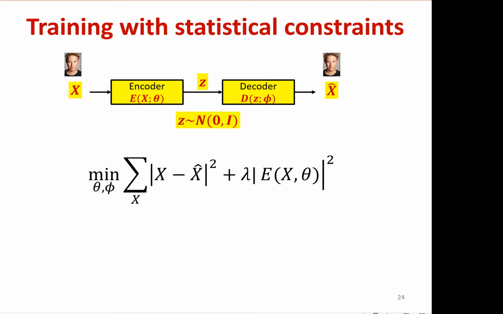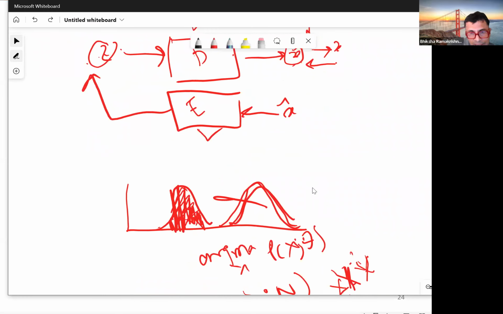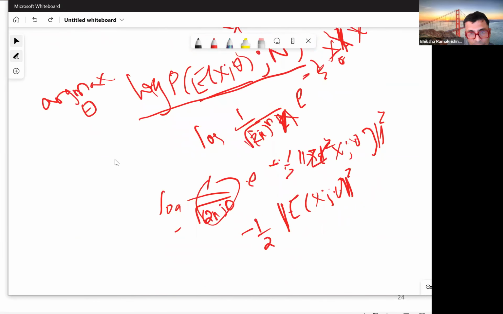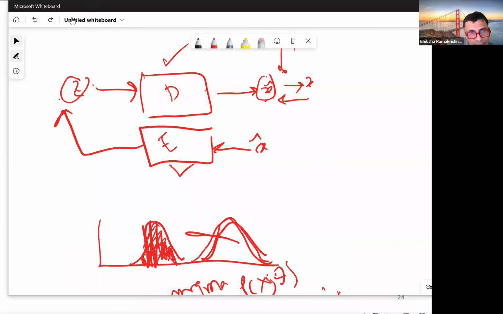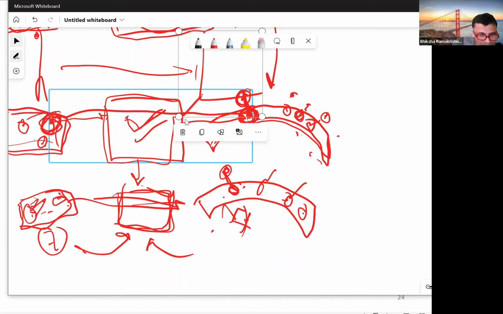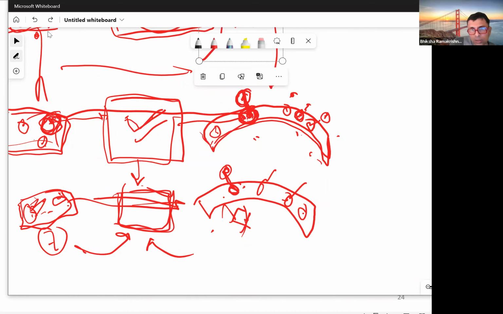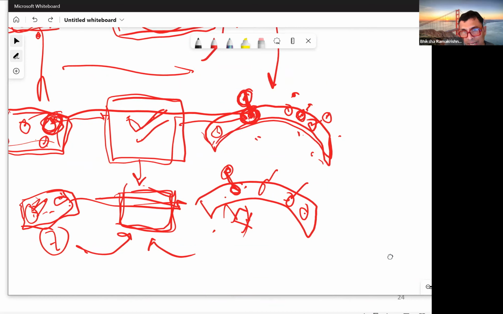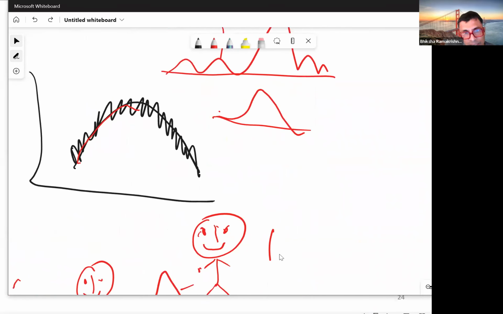So there'll be more error. The assumption that we are making is that X lies close to some manifold, because of the maximum likelihood principle.